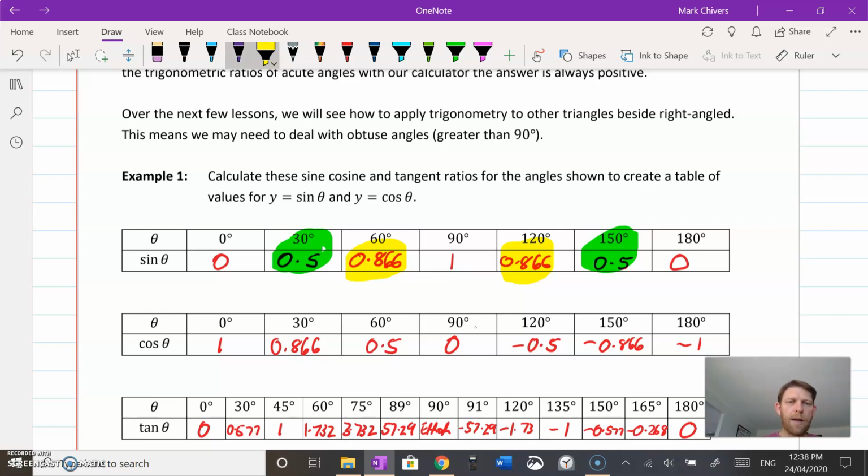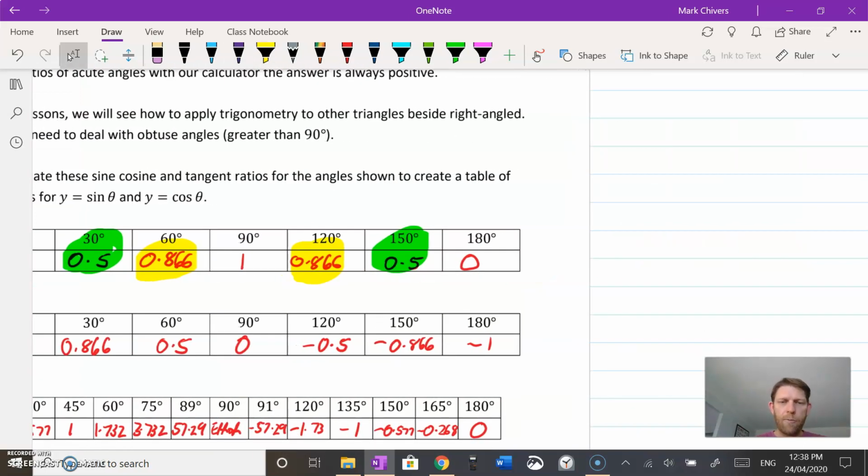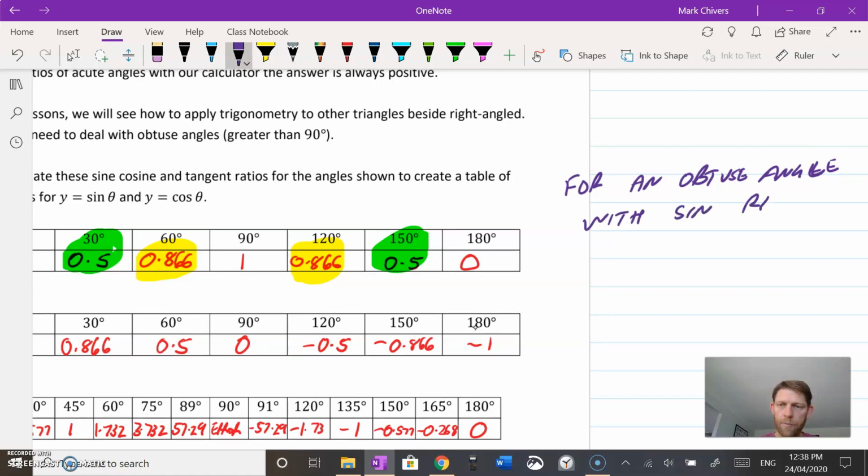So if we know it's an obtuse angle with sine, then the angle we're after is going to be 180 minus the acute angle that has the same ratio.